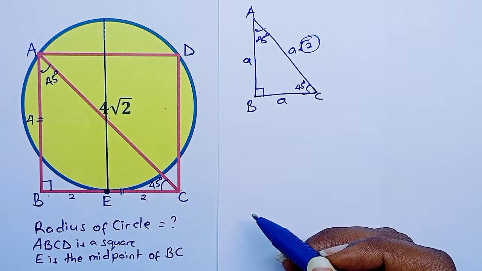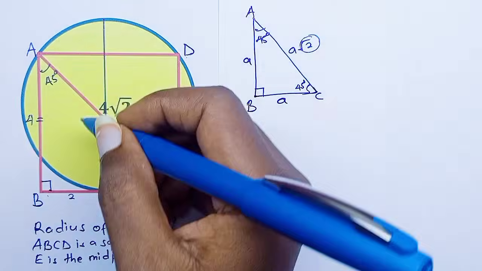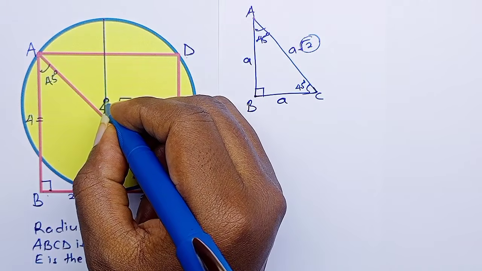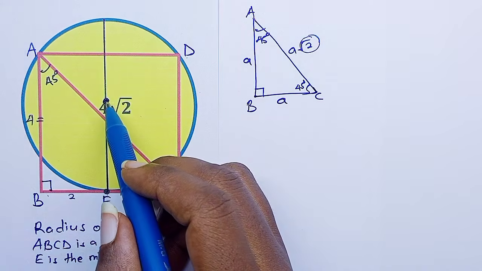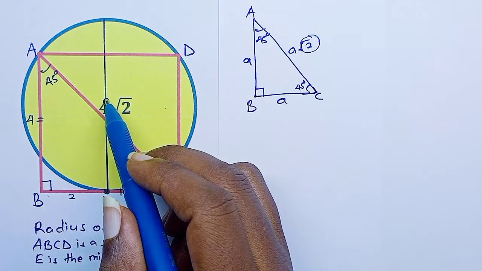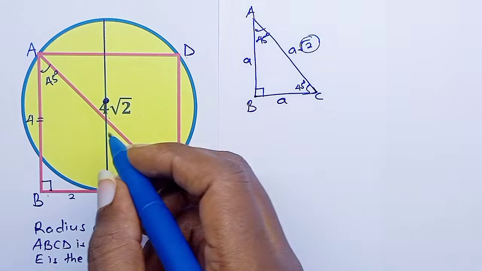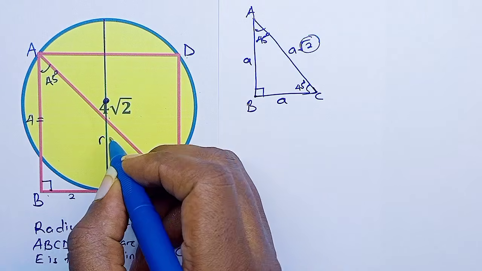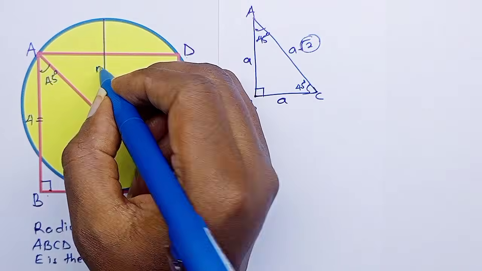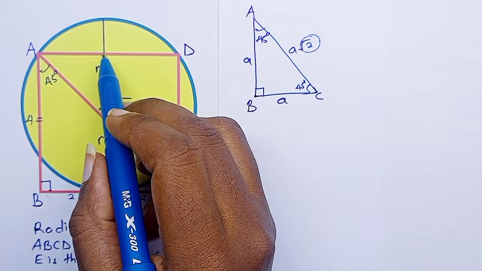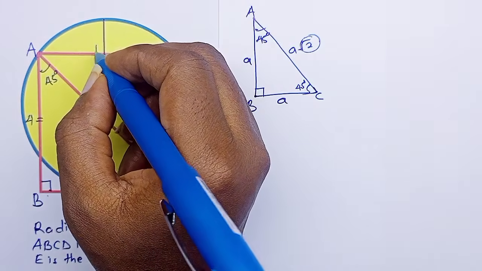Just like that. So the center of this circle is around, say, this point here. So from here to here is radius, which is R. And from here to the top is also radius. Now let me call this point here point F.